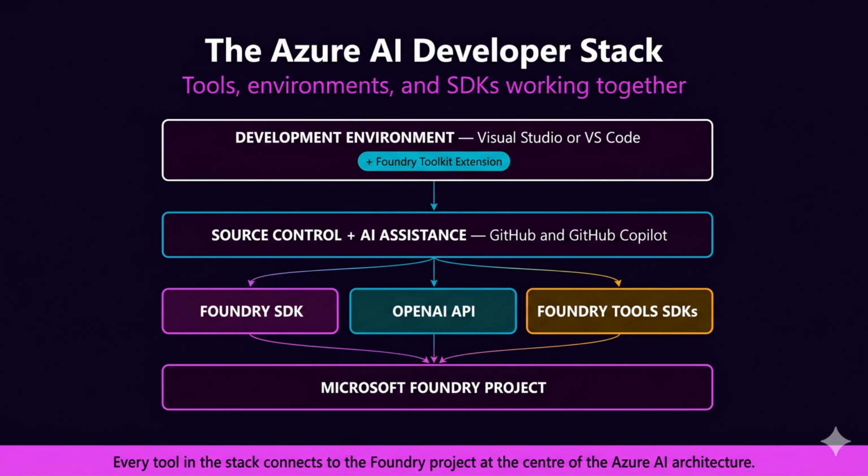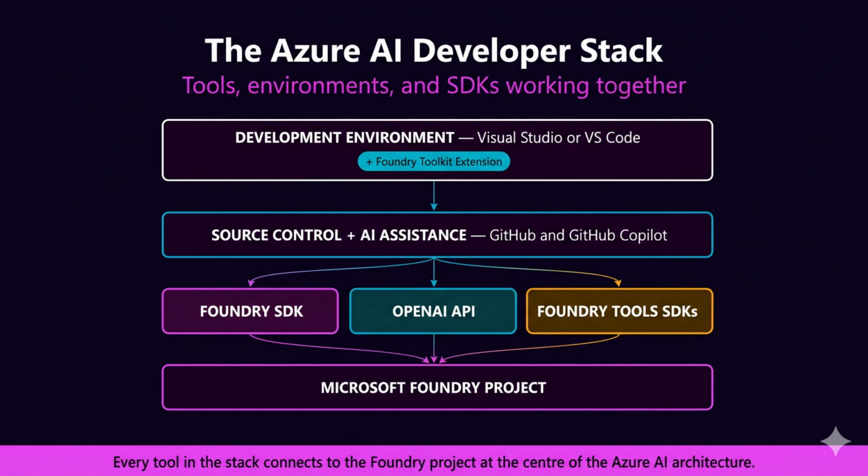Behind your editor is GitHub for source control and DevOps, and GitHub Copilot to assist your coding as you work. Then comes your SDK layer, and this is where the three SDKs come in together. The Foundry SDK handles Foundry native features, connecting to your project, working with agents through the Foundry agent service, and accessing Foundry IQ knowledge stores.